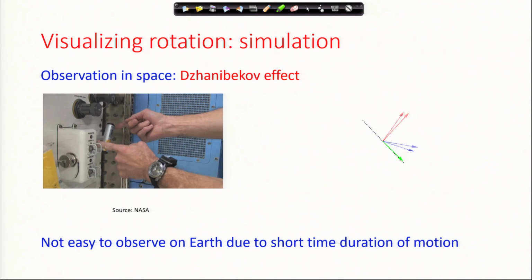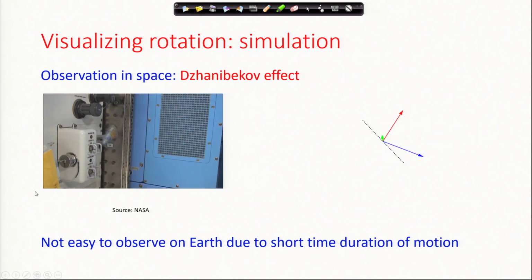Here I show the Dzhanibekov effect. This video of course comes from NASA. This is shot in the International Space Station, and you can notice what is happening to the T-shaped object as it is spun, and the corresponding animation also can be run along with that.